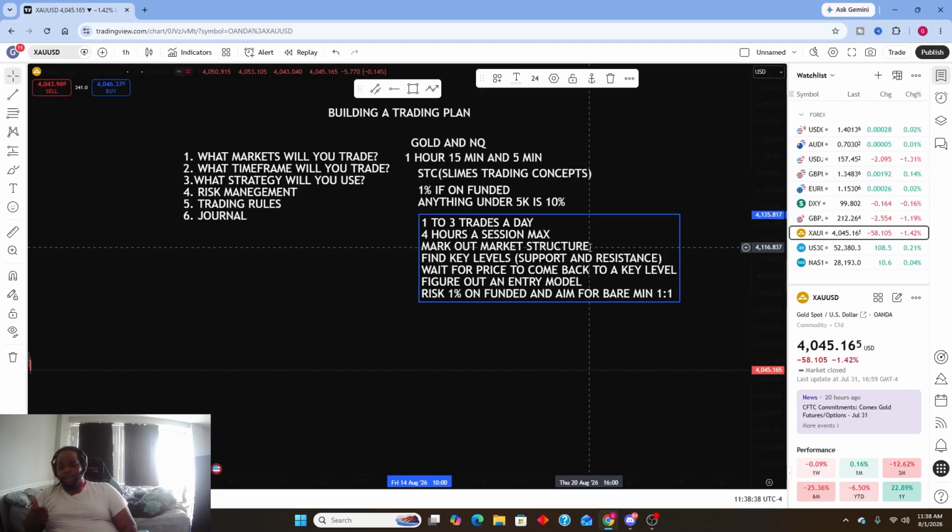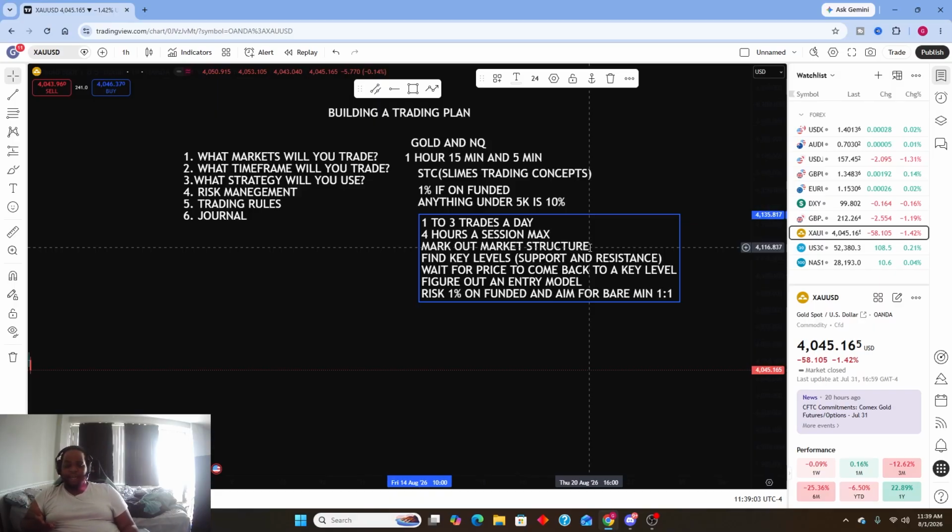Some people wait for price to get into supply, they take the trade, stop loss underneath the supply. They do the same thing with the demand. Some people wait for the candle rejection. Once the candle breaks the previous red candle or the previous green candle, that's what they take. Stop loss under the rejection candle. They aim for 1 to 1.